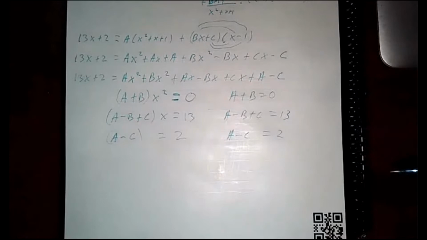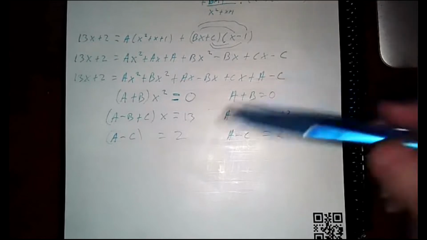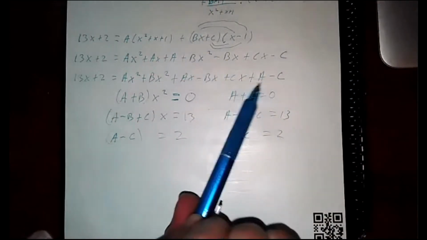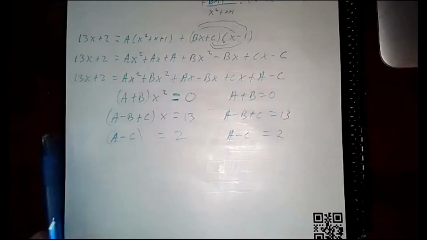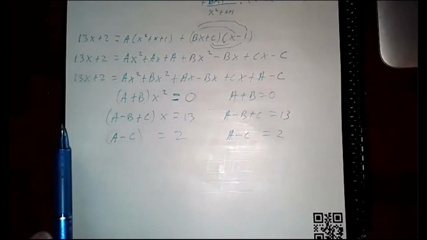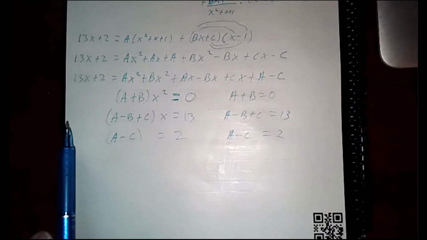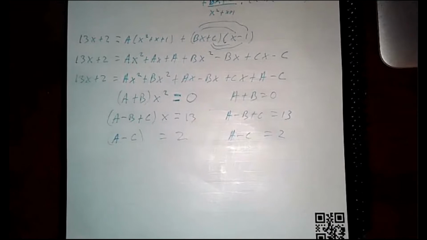Is A minus C, wouldn't that be 0? 2 minus 2? Well, A is 2 and the C is 2? We have a constant over here too. Yeah, so the A and the C aren't both equal to 2, so it's not 2 minus 2. They could be, but I don't know what A and C are.